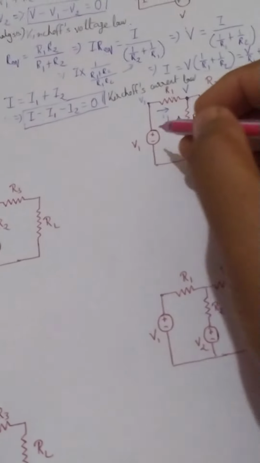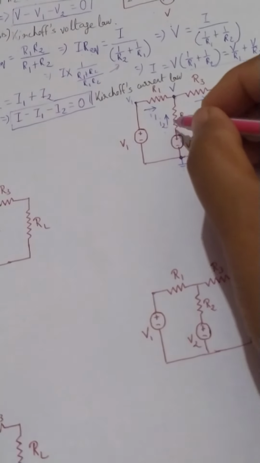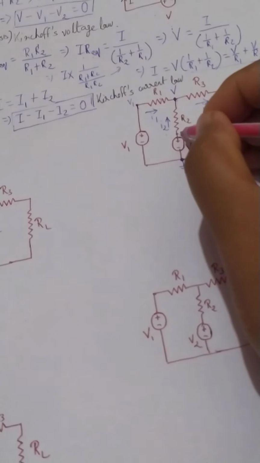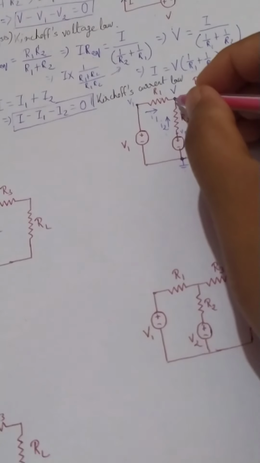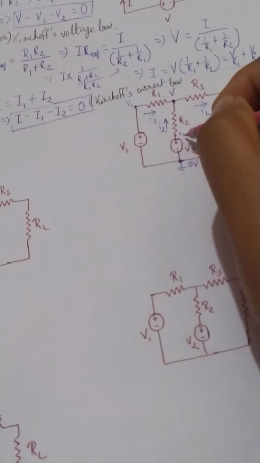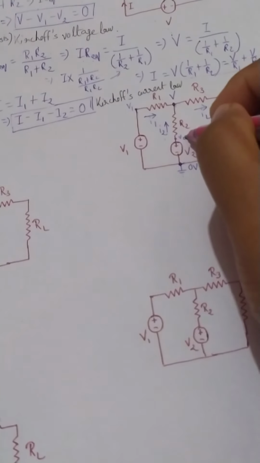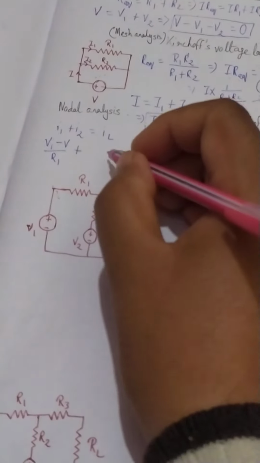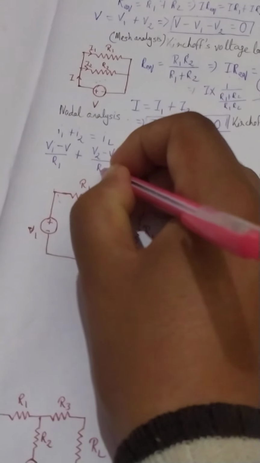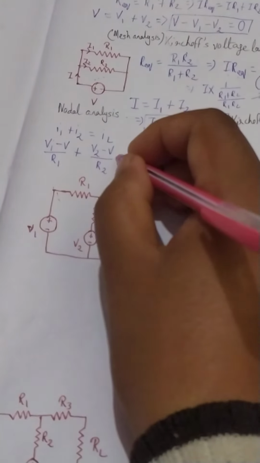plus I2. Now what is I2? I2 is the current passing through R2. The potential at this point is V2 and the potential at this point is V. So the potential difference is V2 minus V, and I2 is V2 minus V by R2. That should be equal to IL.